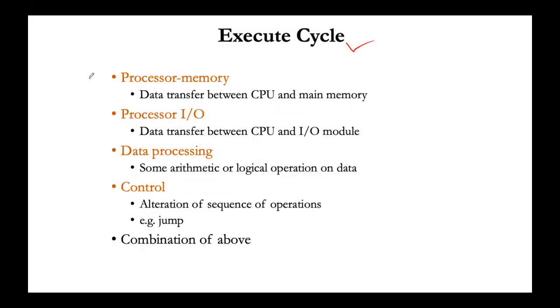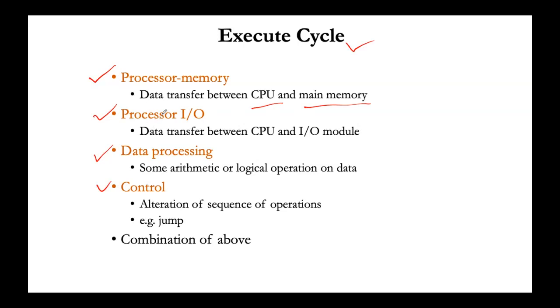In the execution cycle, you will find processor memory, processor input output, data processing, and control. So what is processor memory? The processor tries to transfer the data between the central processing unit and the main memory. So when decoding, memory should be allocated for the data, that means your operands, right?